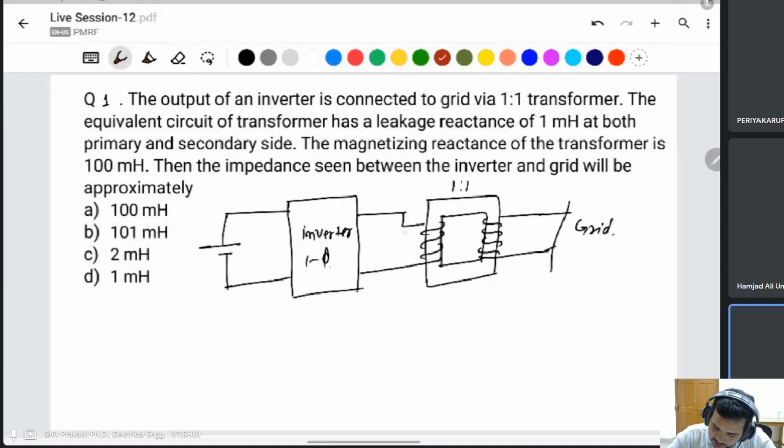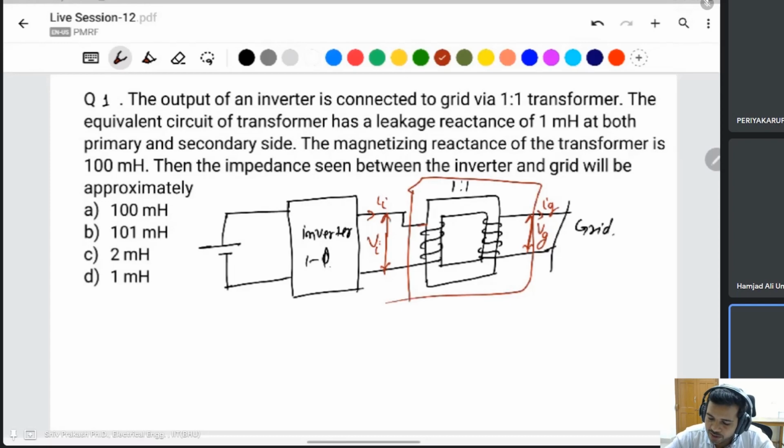This is the inverter side, voltage and current VI, II, the inverter output. This is the grid voltage and grid current, VG and IG. The impedance seen between the inverter and grid, it means between here. What is the impedance?